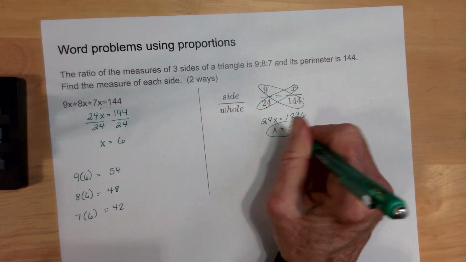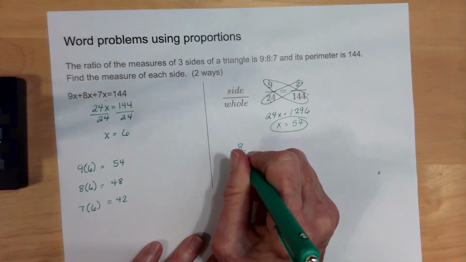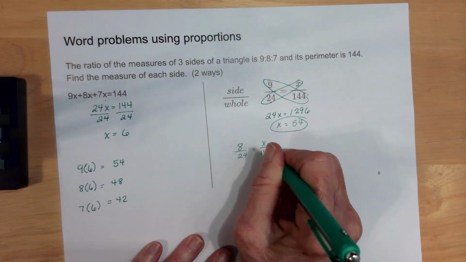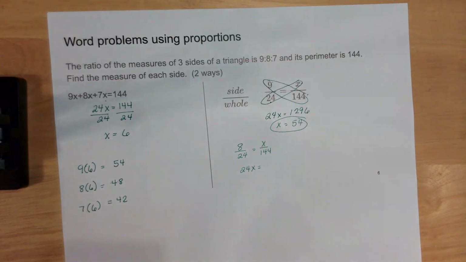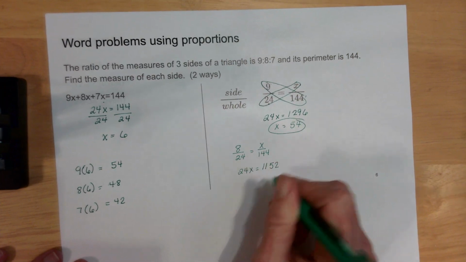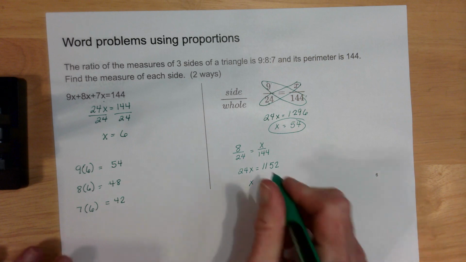So that's one side. Then I would take the other side, and I would go 8 is to 24 as x is to 144. So I have a 24x is equal to 1,152. I'm going to divide by the 24, and I'm going to get a 48.